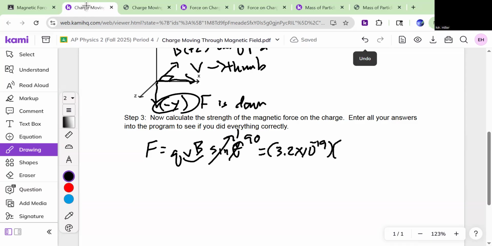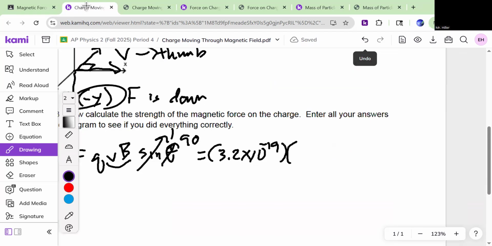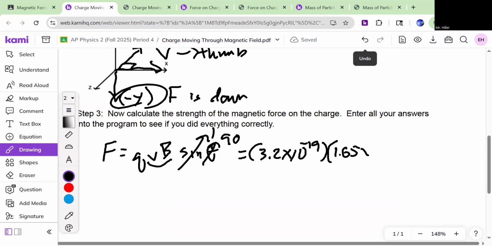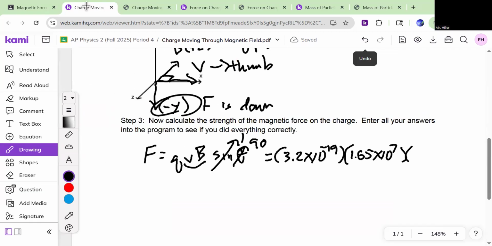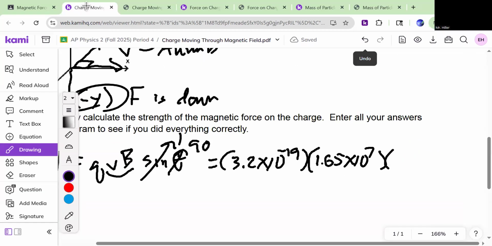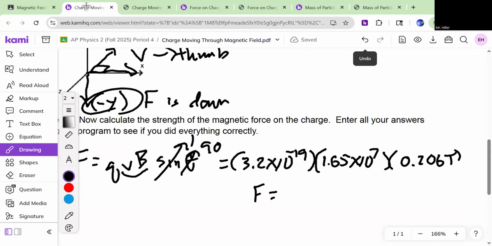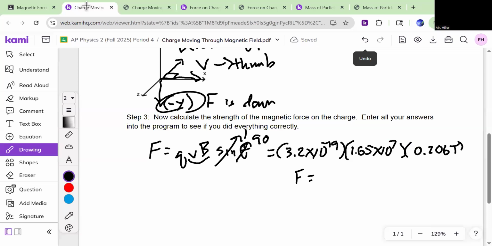So now I'm going to use my charge, which was 2 times the elementary charge, times the velocity, times the field. And I'm getting 1.087 times 10 to the negative 12 newtons.